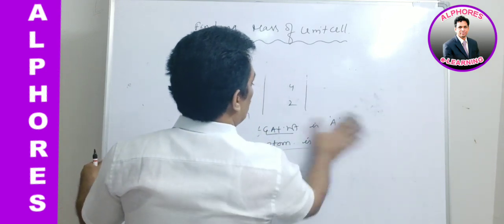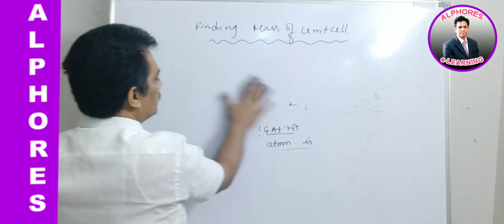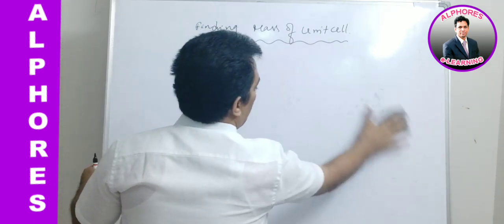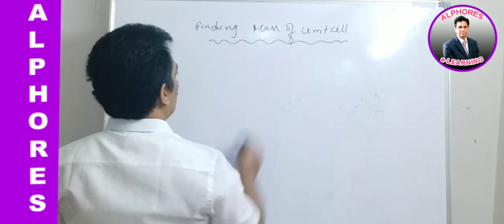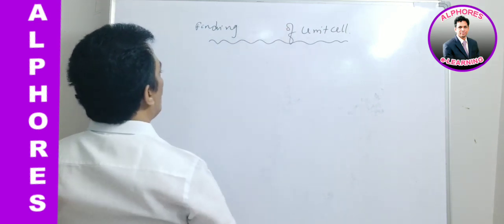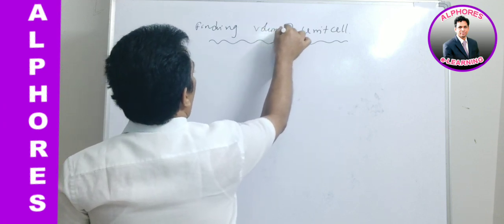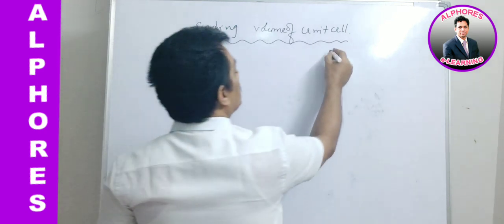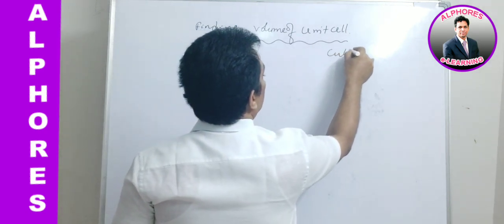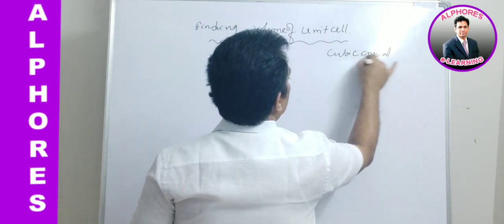Finding the volume of unit cell. As you know, dear students, we are having the topic only related to cubic unit cells. So here, finding the volume of unit cell, we are considering the cubic crystal or cubic system.